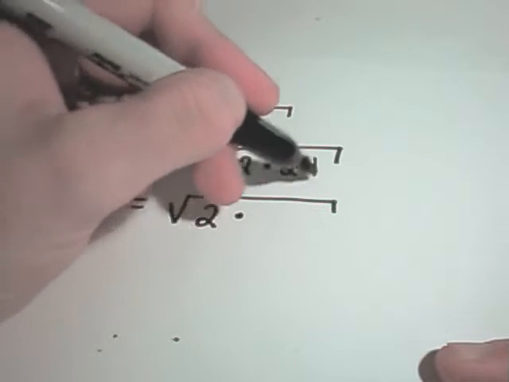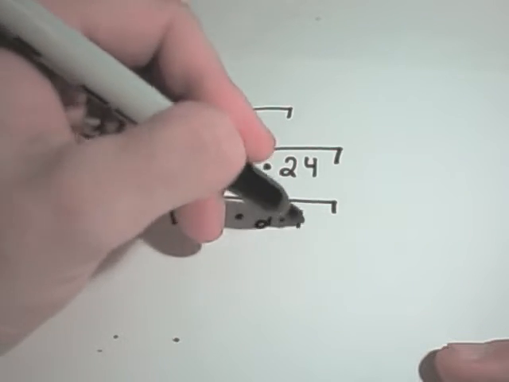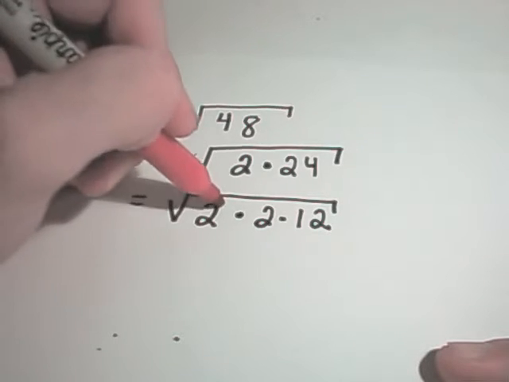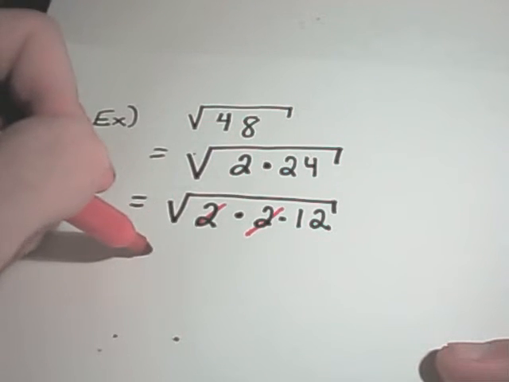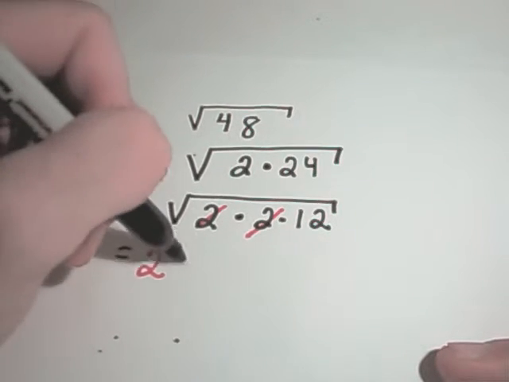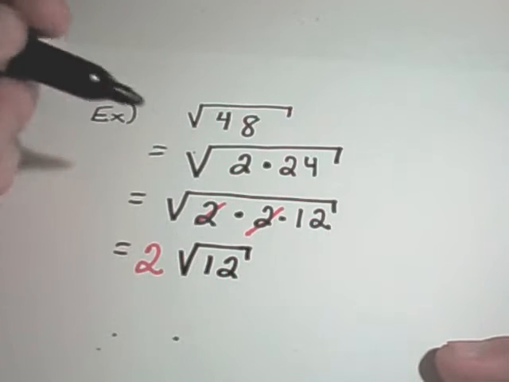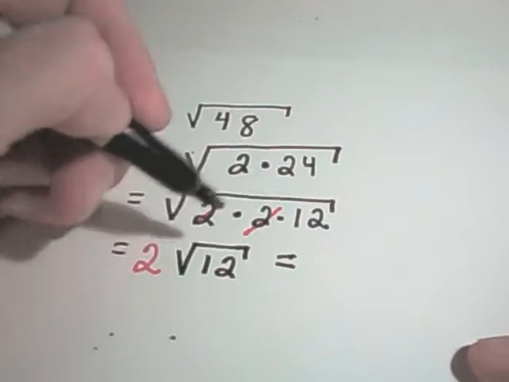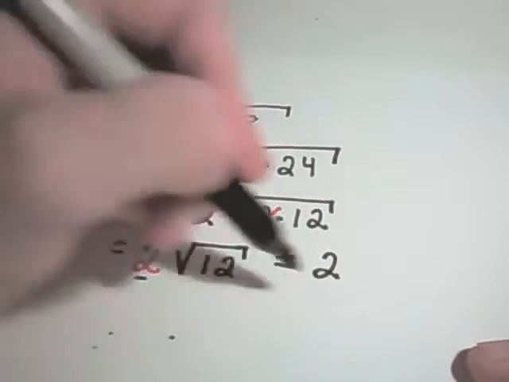But I can break 24 down further as 2 times 12. Now I'm going to use this idea: I've got a pair of 2's. I'm going to pull that outside of the square root one time. So I still have 2 times the square root of 12. Now you have to ask yourself, can you keep breaking down the 12 any further? So there's my 2 out front.